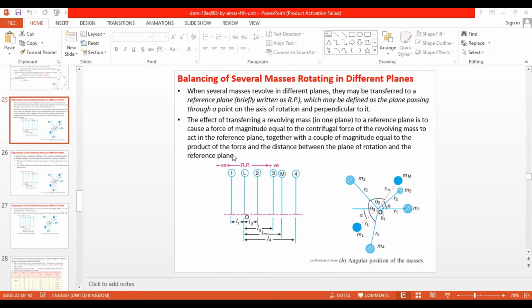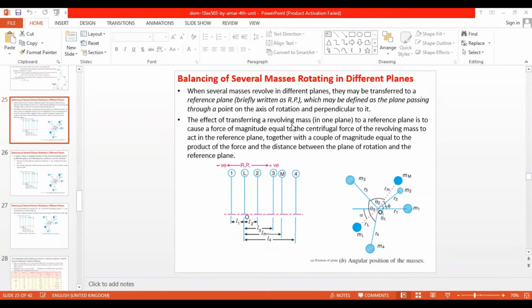So when there are a number of masses rotating, we can choose one plane as a reference plane, which will pass through the center of the axis. In this case, this RP is the reference plane, perpendicular to the rotation axis. We will have a number of unbalances 1, 2, 3, and 4.